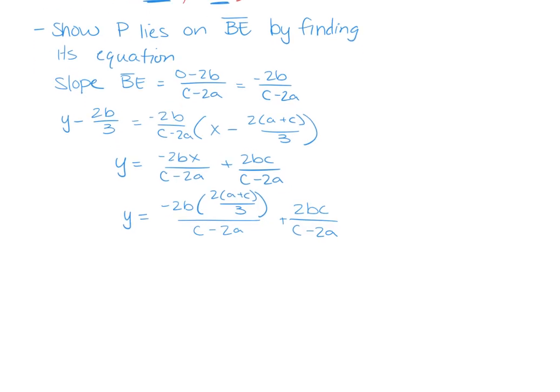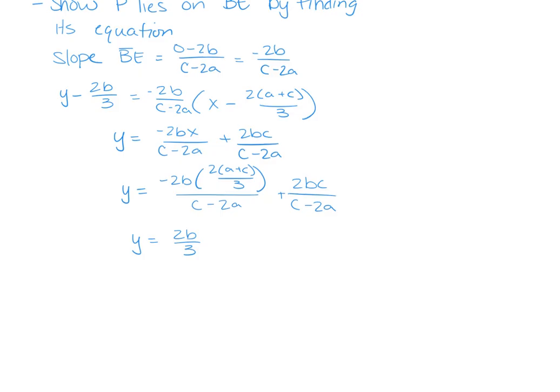Okay, from here I can simplify and I will get y equals 2b over 3, which is my y value, so that means that P is on BE, and that all 3 of the medians are concurrent at P.